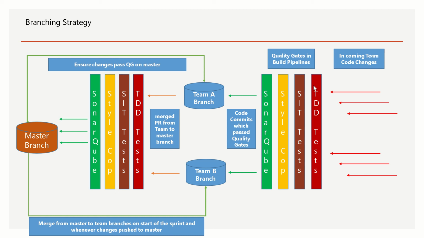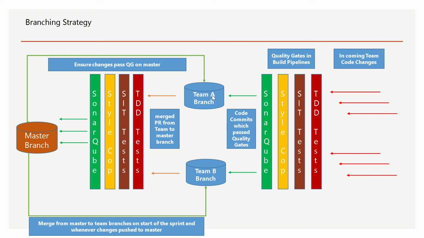I have seen some other practices also where, when the incoming team code changes come, they go through the code review process before they go into the team branches. The first level of code review happens here, and then the code changes should pass through all the quality gates, and then be propagated to the team branches.